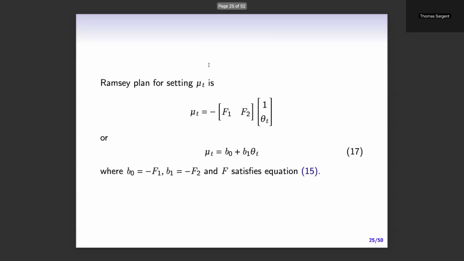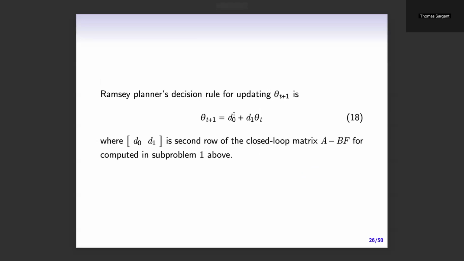So the Ramsey plan, what's the Ramsey plan? It's going to be to set mu t according to this. So now we have our Ramsey plan, and we have an updating rule for theta t.